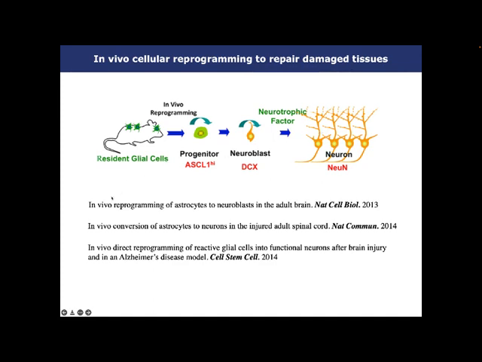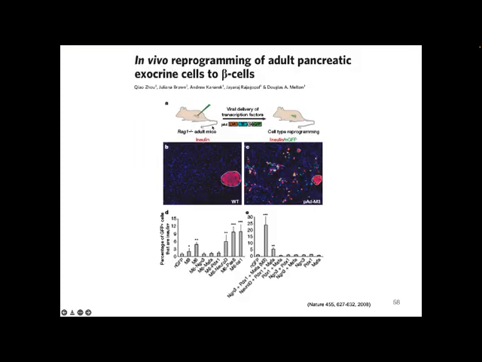There are examples of in vivo reprogramming of astrocytes to neuroblasts in the adult brain, and in vivo conversion of astrocytes to neurons in injured spinal cord, because the injury also causes overproliferation of astrocytes at the injury site. If we can convert these ectopic astrocytes toward neurons, maybe it is helpful to cure the injured spinal cord. In a similar strategy, in the case of Alzheimer's disease models and brain injury, reactive astroglial cells can be converted into functional neurons by introducing transcription factors in vivo by virus-mediated delivery.